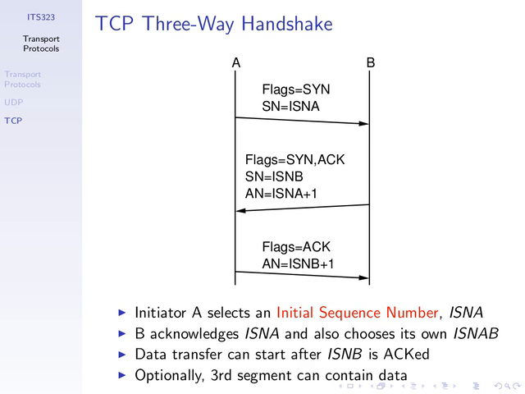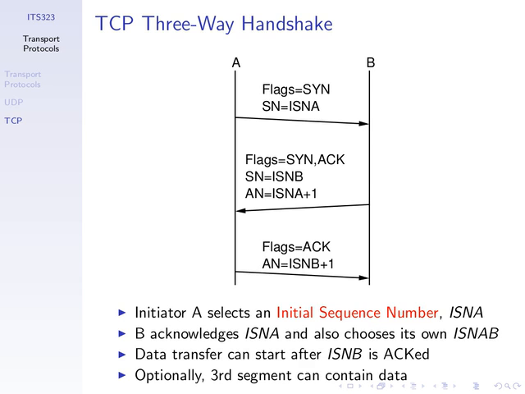B sends 10 bytes of data to A. Sequence number 1432. Last question, what's the ACK number? Ten bytes of data sent with sequence number 1432.